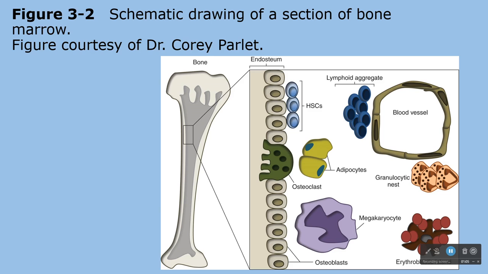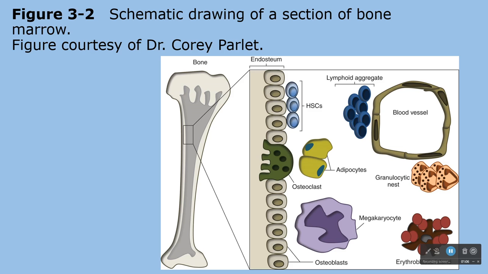If we could pull this out even further, then you would see the walls, and then you would see cells in niches. That's what that picture is letting you know. Right up against the wall, you would have what are known as the endothelial cells, or those bone cells.